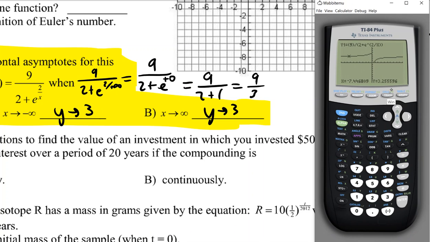So let's say by -10, even by -10, it's already at 3.2. So this goes to negative infinity. We went way out here. Those y values are going to be extremely close to 3. So that's what it is on the left side. And then on the right side, we can see the y values approach the same thing, positive 3.